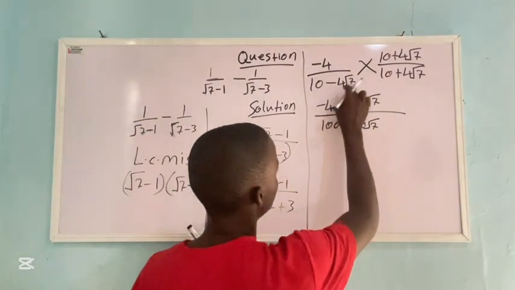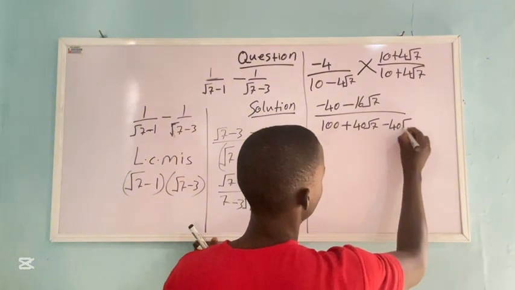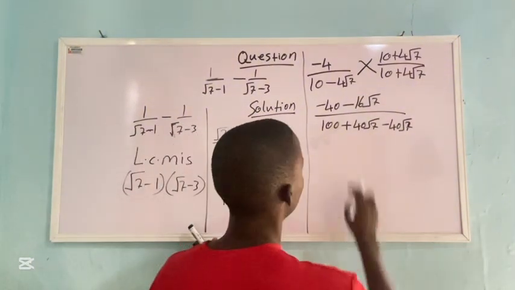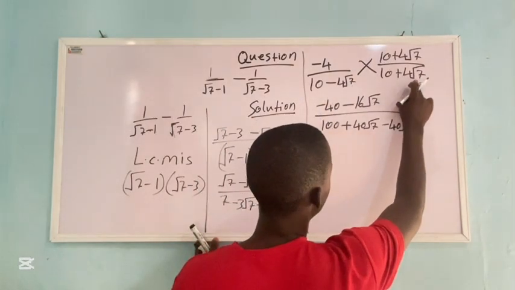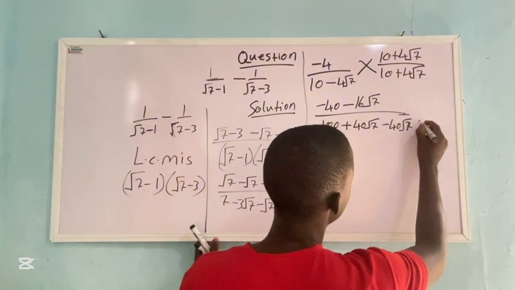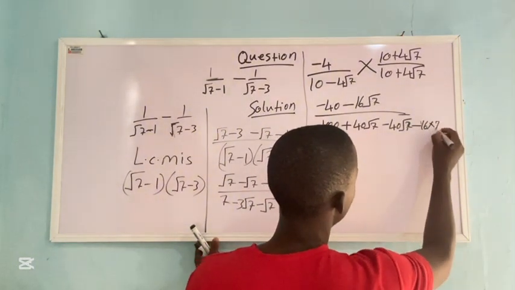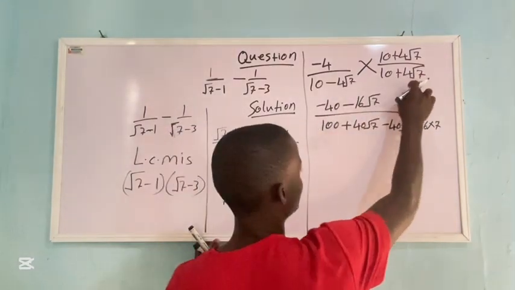Now minus 4 root 7 times plus 4 root 7, we have minus 16 times 7, because we have root 7 and root 7.